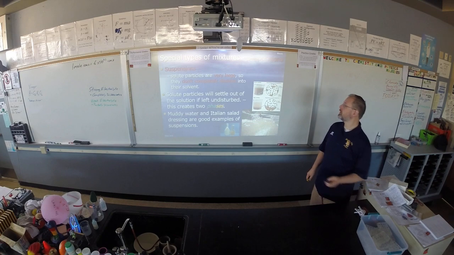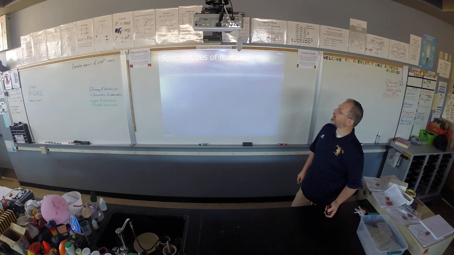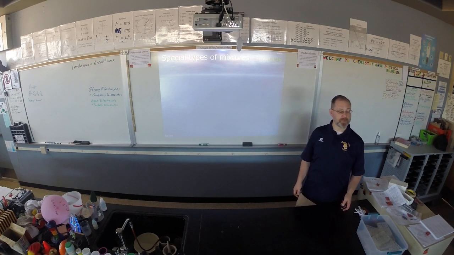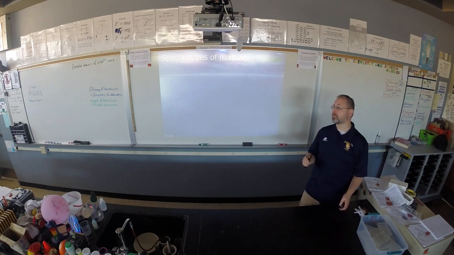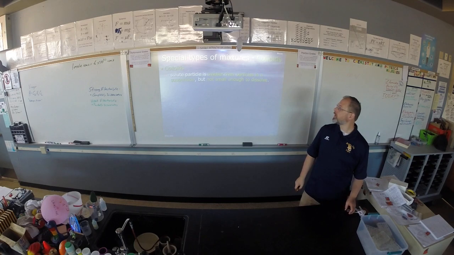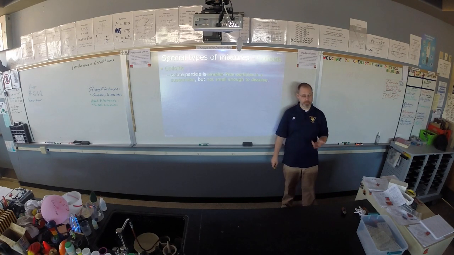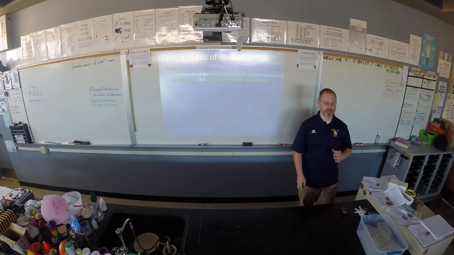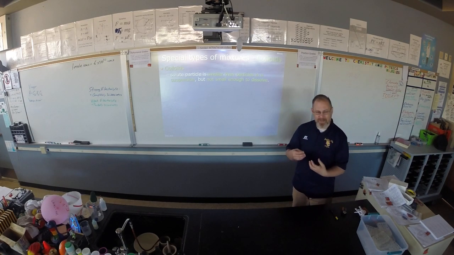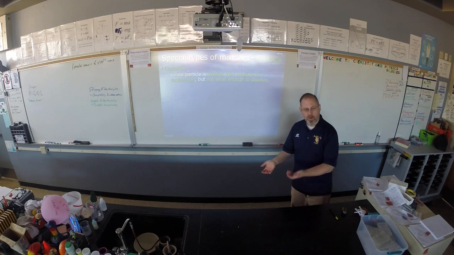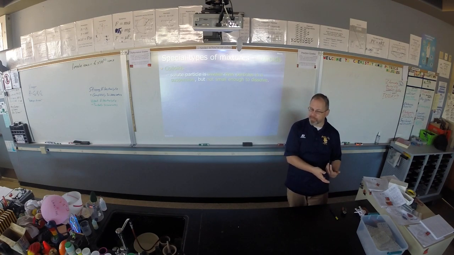So that's a suspension. A colloid has particles that are medium size. A solution has tiny particles that dissolve. A suspension has big particles that settle out. A colloid has particles that are smaller than suspensions but bigger than solutions. They're medium-sized particles that don't technically dissolve, but don't settle out.